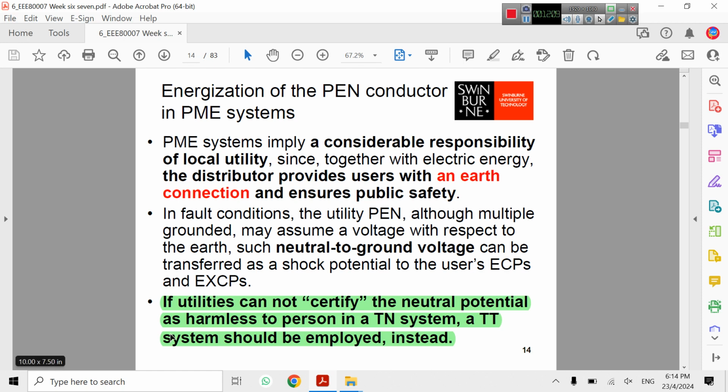If the utility cannot certify the neutral potential as harmless to persons in a TN system, a TT system should be employed instead. So the utility checks. If the TN-C or TN-C-S system cannot be used, they have to change it to a TT system for more safety.